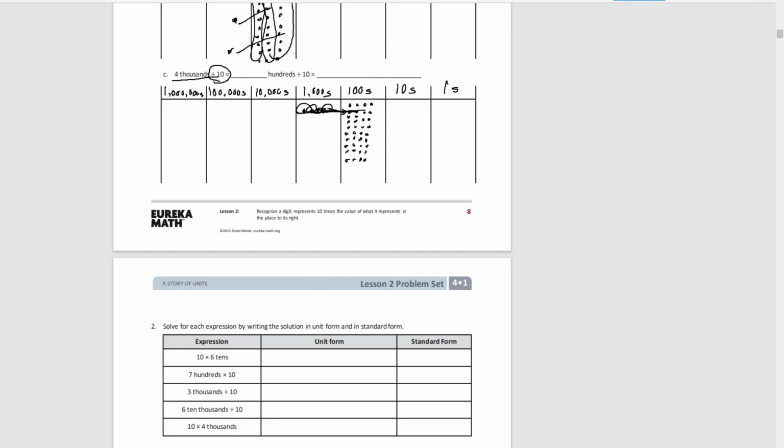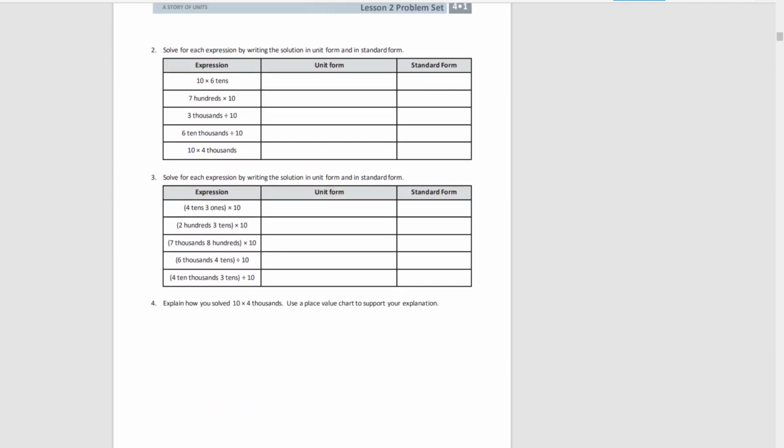So when we divide 4,000 by 10, we see we now have 40 hundreds that we're going to divide by 10. So let's divide into 10 equal size groups. And so we have 400 in each group. Moving on to number 2.